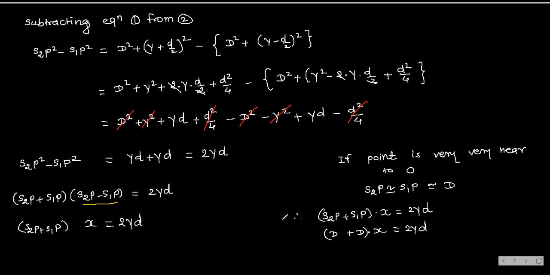Therefore we are getting 2DX is equal to 2YD, and now I am cancelling this 2 and 2 from both sides.